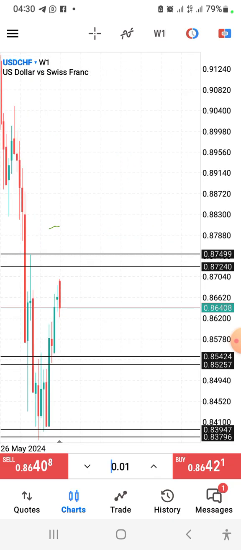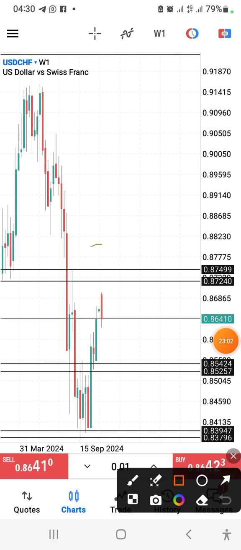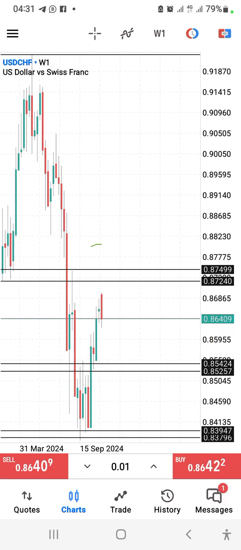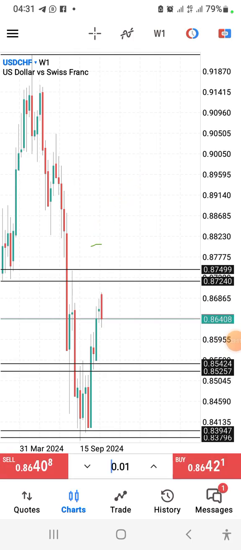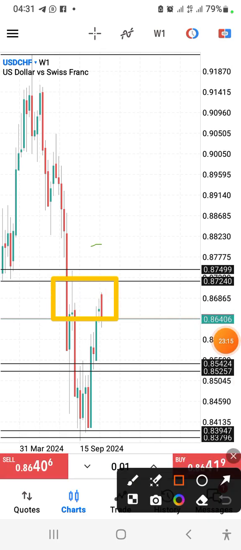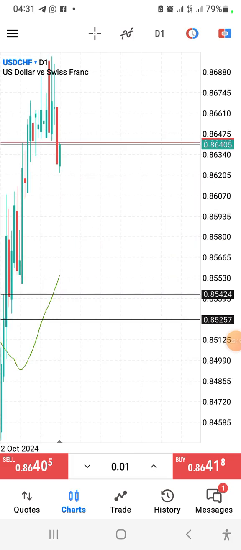So let's check the weekly. The weekly is telling us to sell. So the level where we have to sell is here. You can see the moving average is not that pronounced. There it is, and it's above the candlestick, the price action, which tells us we have to sell. So let's check the daily and see what is happening.